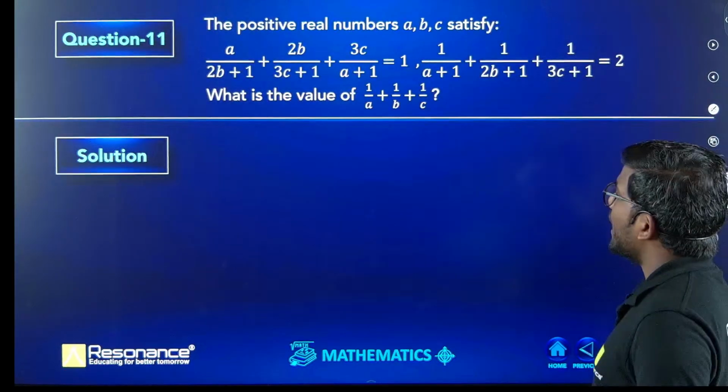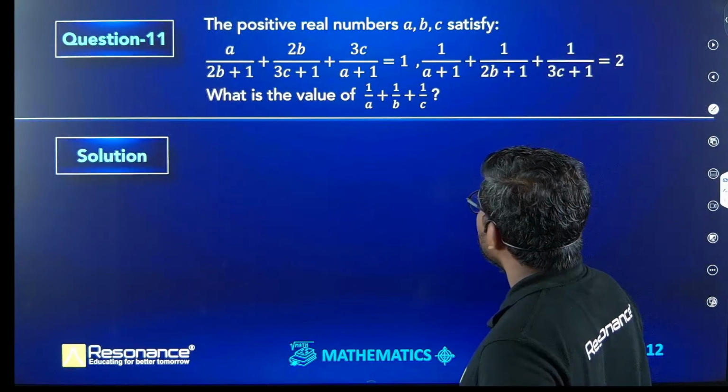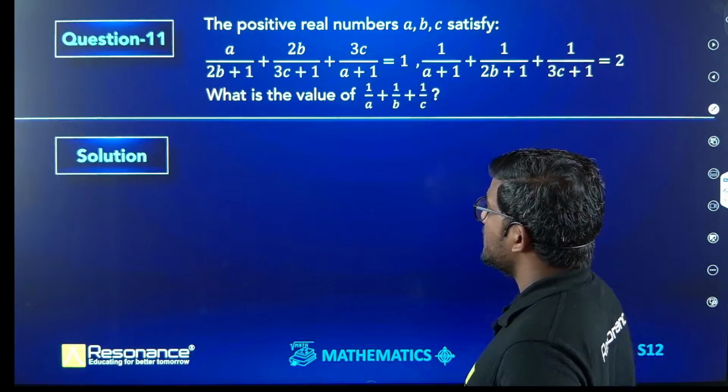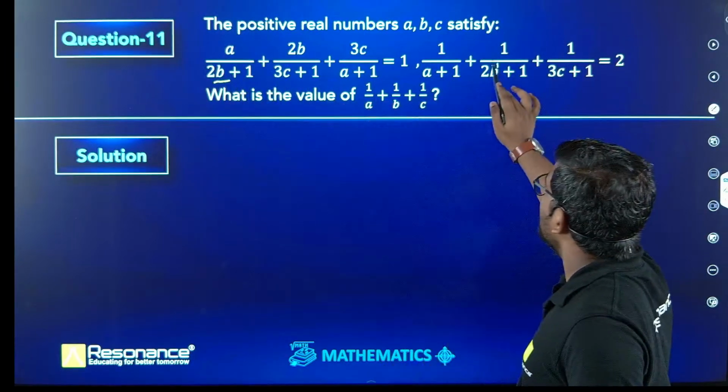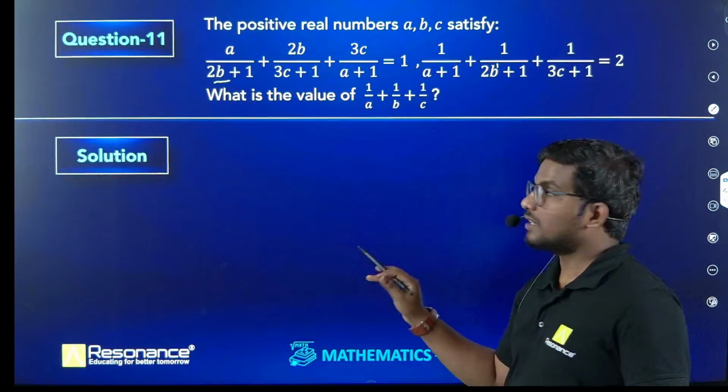Now again we have one more question, where 2b plus 1 is an identical denominator.